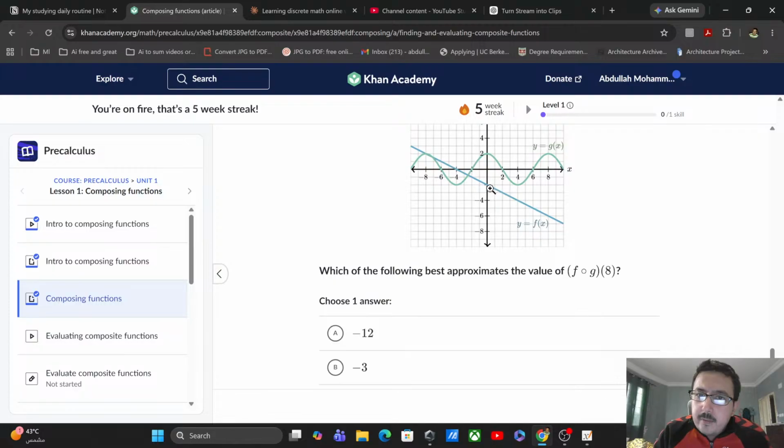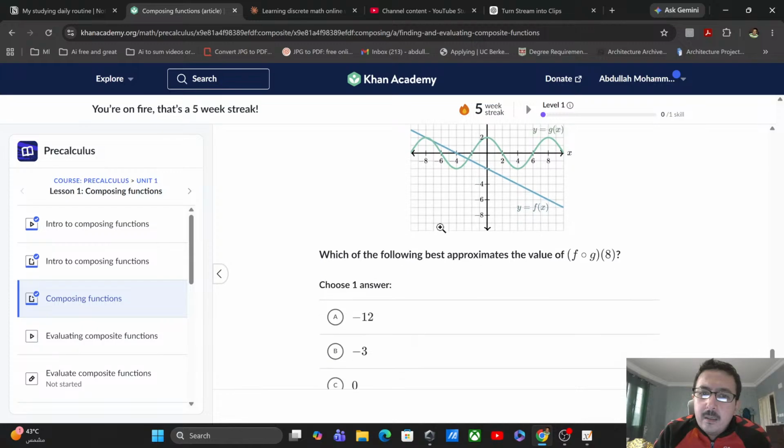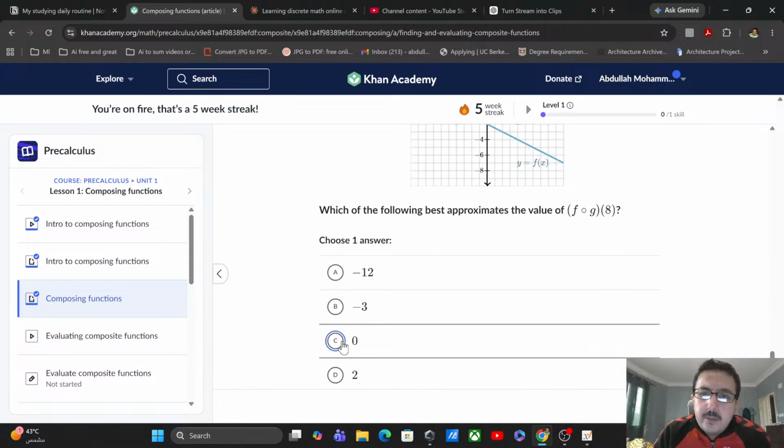This is the graph. It never touches the 2, it's 0.